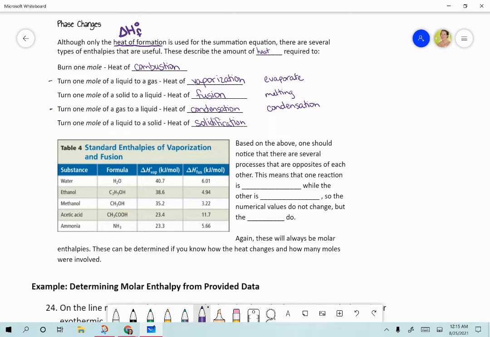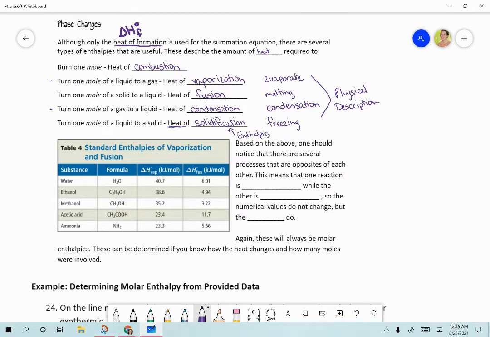And then liquid to a solid is probably what you have heard as freezing. So when we're talking about these enthalpies, I talk about them as the heat of some sort of change. So this is the physical change that's happening. So it's a physical description of the change, whereas these other terms, these are describing the enthalpies. So they're unique to the enthalpies.